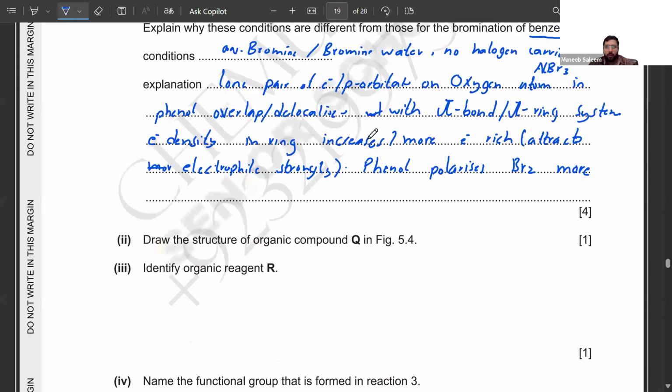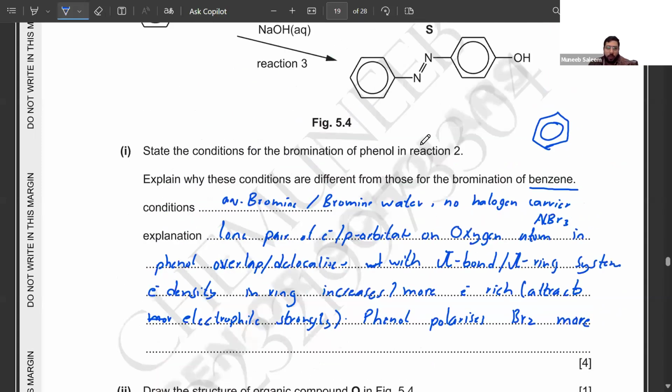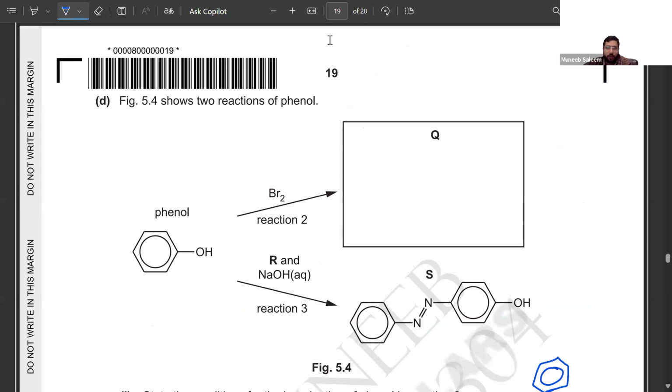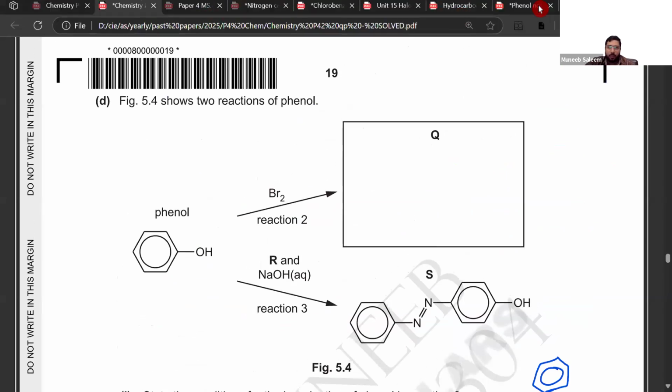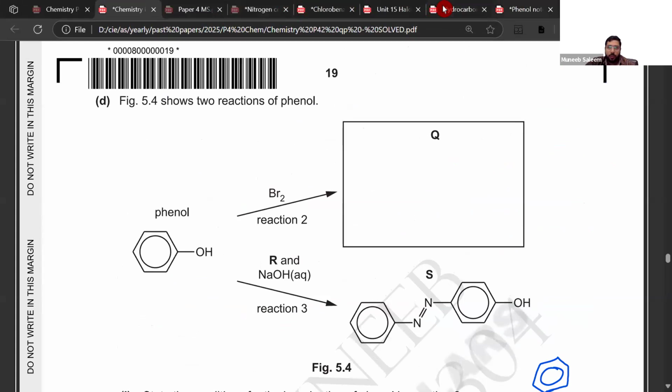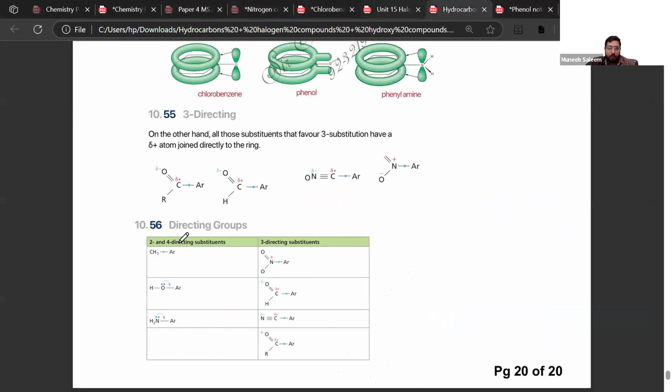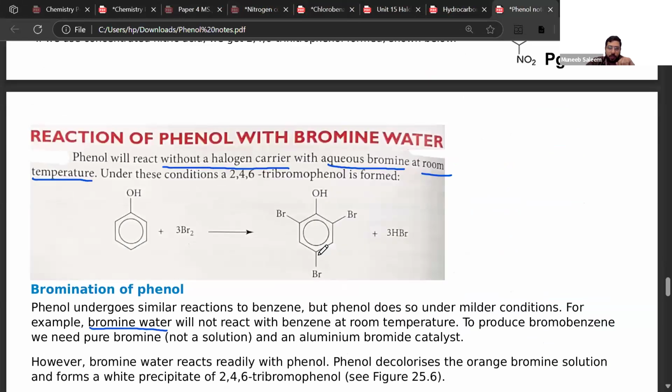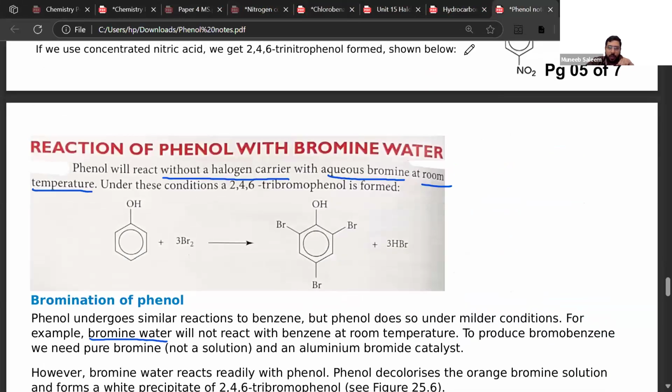Now the next question, part 2: draw the structure of organic compound Q in figure 5.4. Okay, so we have to draw the structure of compound Q here. Since we can find a similar answer from the notes, when three molecules of bromine are reacting with the phenol, we are getting three substituted bromine atoms.